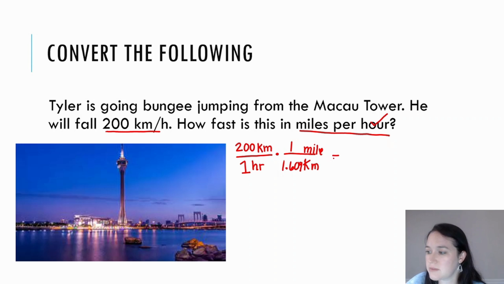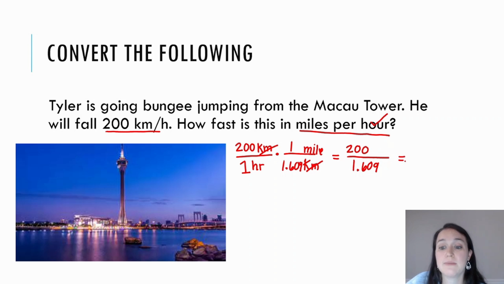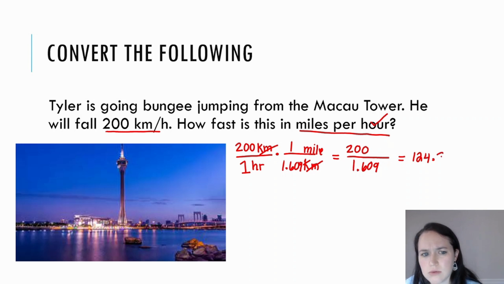And now this is just a matter of math. So really, remember my kilometers cancels out here. Bye-bye. I get 200 divided by 1.609, I'm actually going to leave the units off for now while I finish the math, and that is going to give me 124.3, rounded I believe, miles per hour.